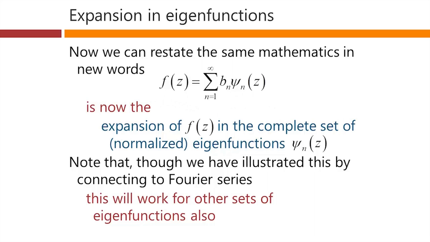These functions don't have to be solutions of a particle in a box problem or some other problem. This is a mathematical statement that any of these functions can be written in terms of these eigenfunctions of some possibly other mathematical problem.